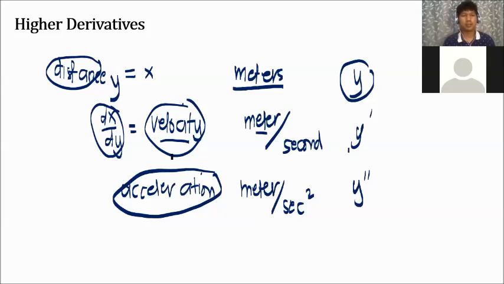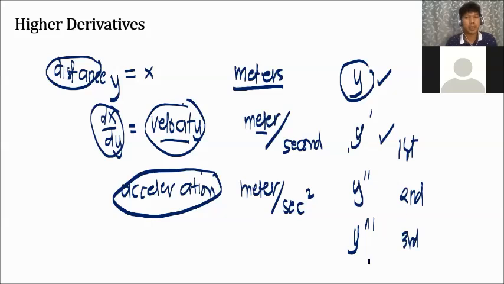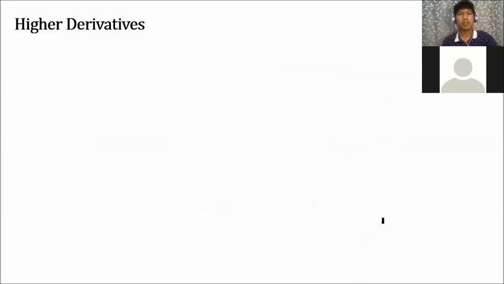Okay. So that's why we need to study higher derivatives because as you move along, first you need the given y, then the first derivative is y prime, second derivative is y double prime, third derivative is y triple prime, and fourth derivative is y fourth prime, and so on. So we can do that. Okay. Let me give you an example.